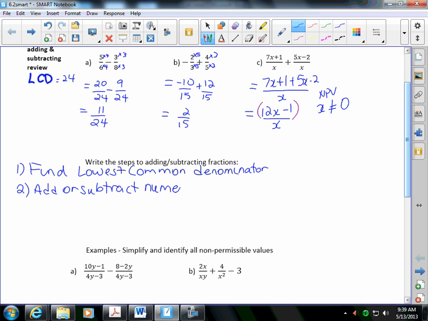What do I do to the denominators? You leave them alone, right? You don't add them or you don't subtract them, they stay the same. And then what did I do if necessary? Yeah, reduce if necessary.